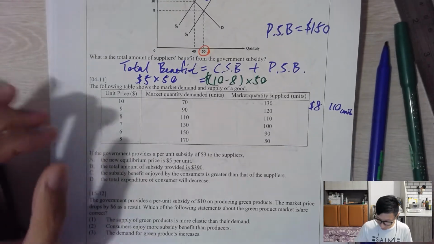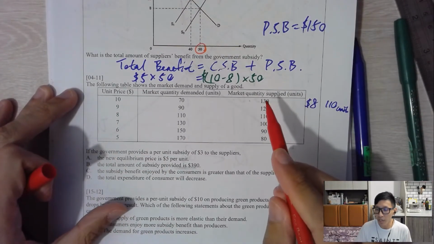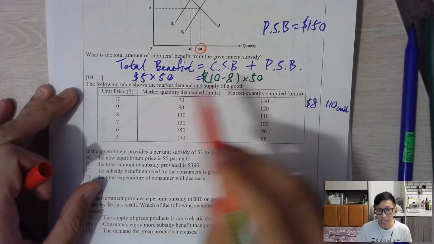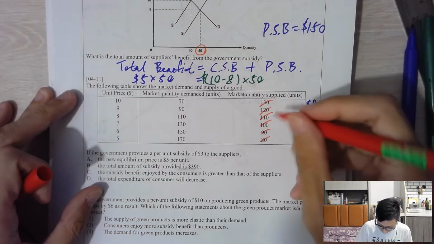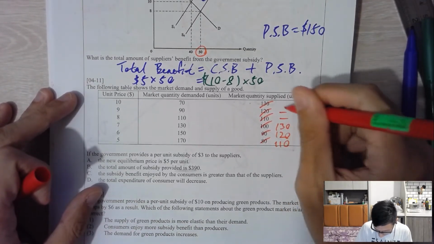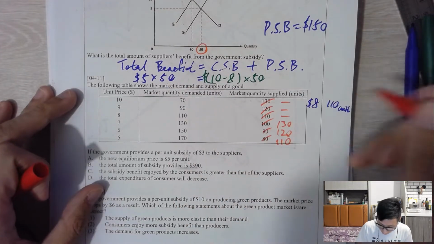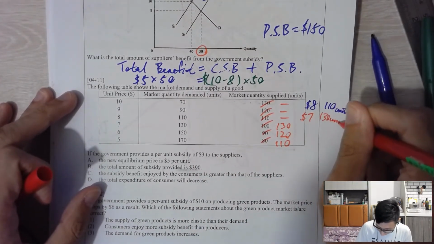So let's try to amend the table. Originally, $10, I'm willing to supply 130. Now, I do not need $10. Now it's not 10 dollars, 7 dollars will do. So the new equilibrium would actually be $7, 130 units.